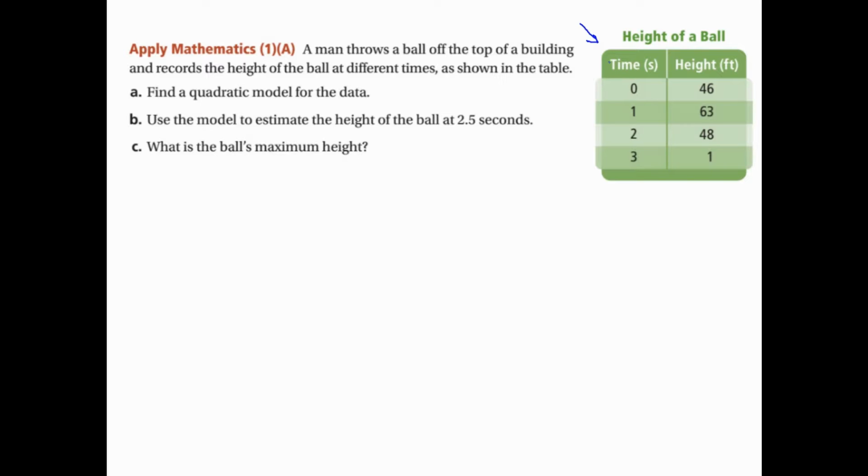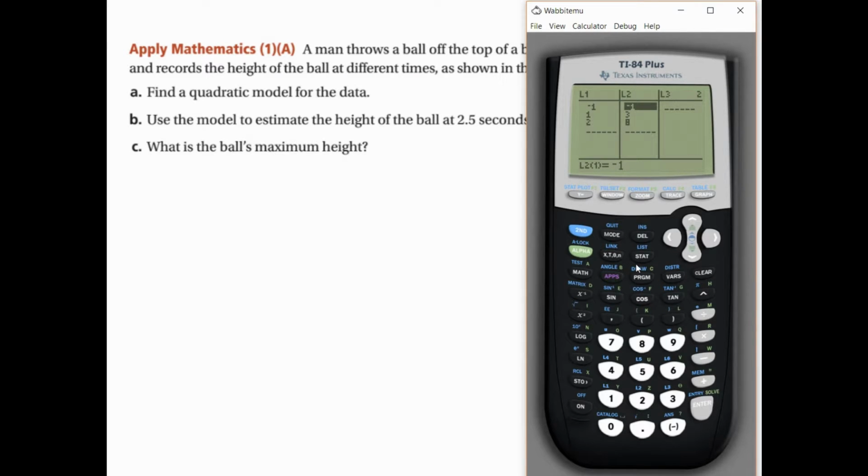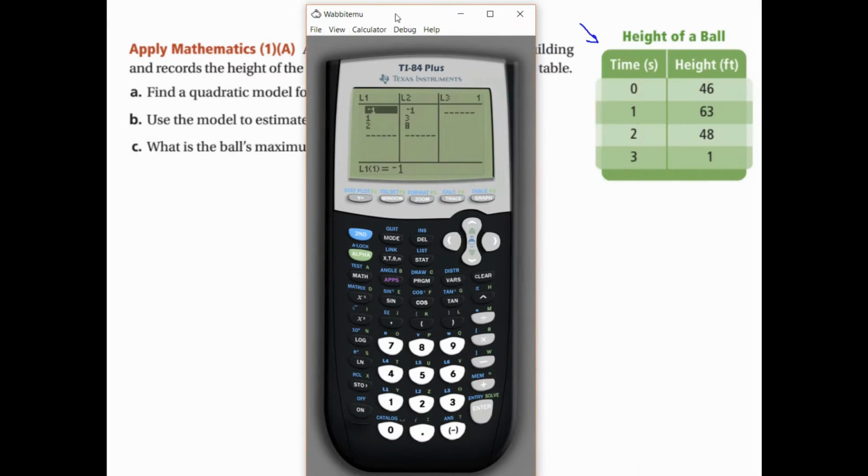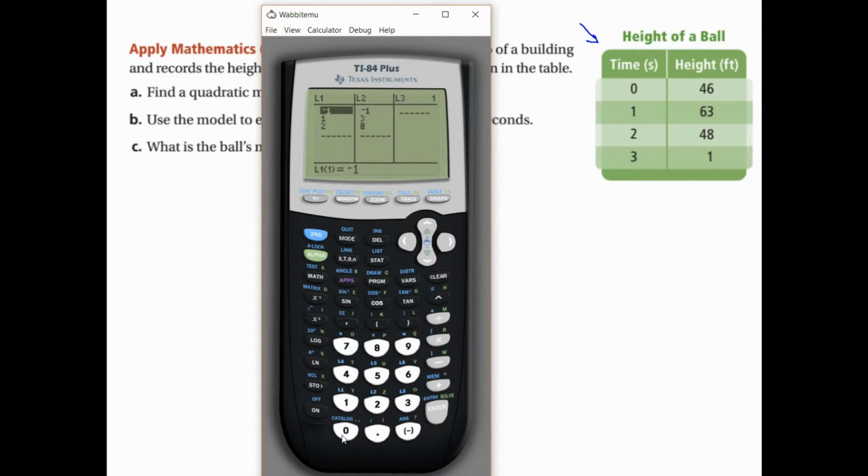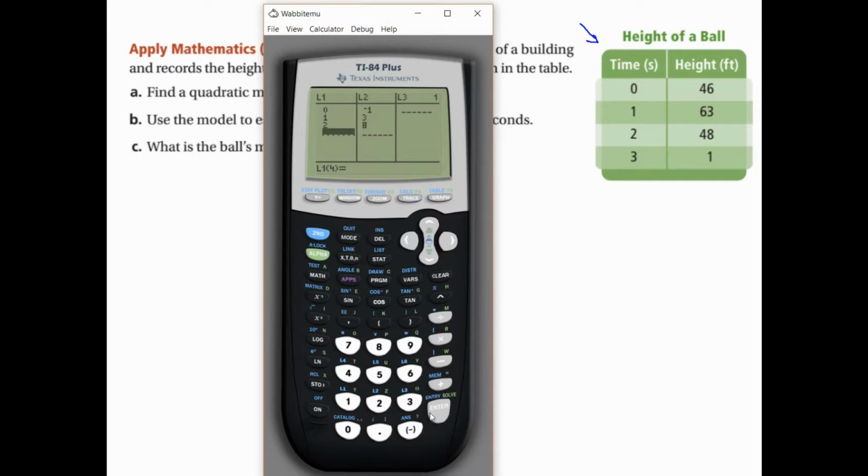So the very first thing it says, find a quadratic model for the data. Okay, well we just went over how to do this, so go ahead and do that on your own. Let's see, we got stat. Oh, I'm already in stat. Edit. Alright, and so I want to put in those values that I have: 0, 1, 2, and 3.